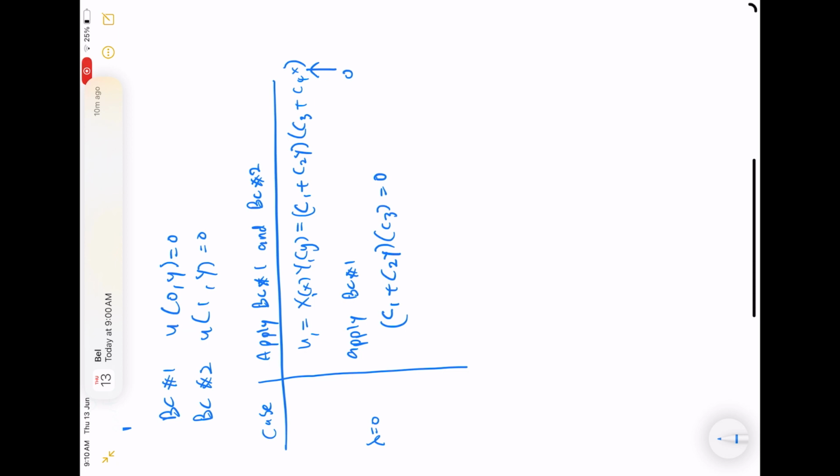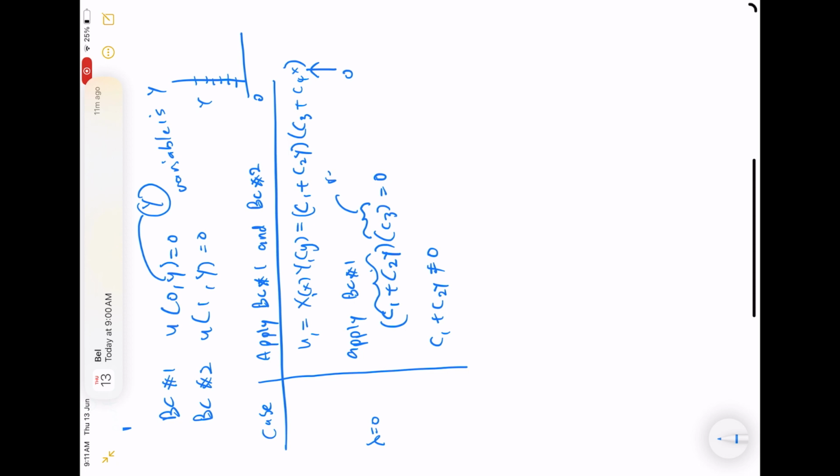We have the variable y here, meaning the value changes from 0 to any number. So y cannot be 0, and c1 plus c2y is not responsible to become 0. So only c3 is responsible to become 0, so that when it multiplies with this value, we get 0. So c3 is equal to 0.